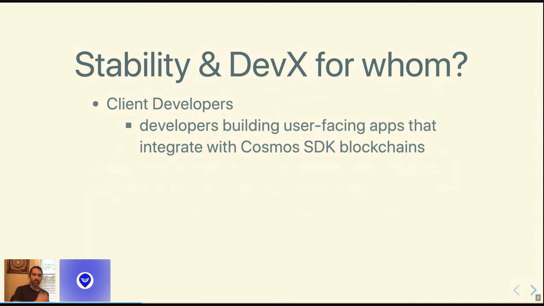So these are your wallets and block explorers, but hopefully many other apps. Regen is building a registry for carbon credits and other ecosystem service credits. People are thinking of all sorts of amazing things like decentralized Twitter and social media, all kinds of DeFi apps. So client developers are one really important category because they're the closest to the users.